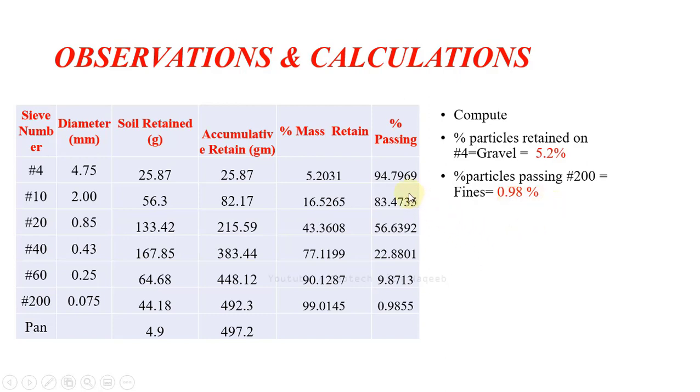Now the definition of sand is the material that is passing through sieve number 4 and retained on sieve number 200. Or you simply subtract 100 minus 5.2 minus 0.98 and you will obtain the percentage of sand.